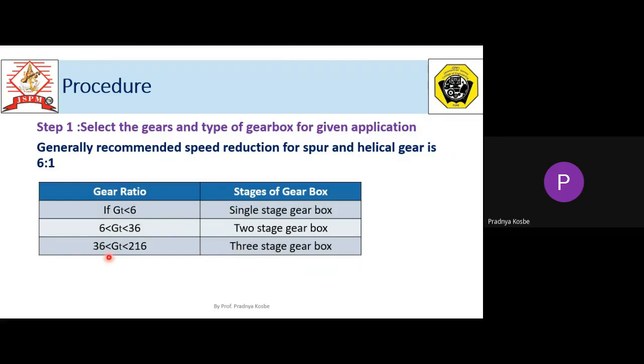If total gear ratio is greater than 36 but less than 216, then a three-stage gearbox is required. Now, generally recommended speed reduction for spur and helical gear is 6:1. So this is the general speed reduction.